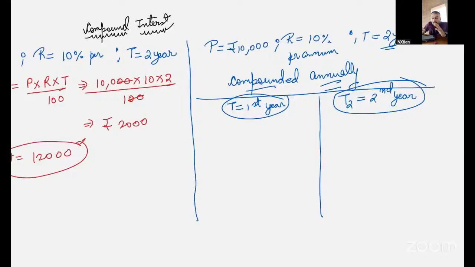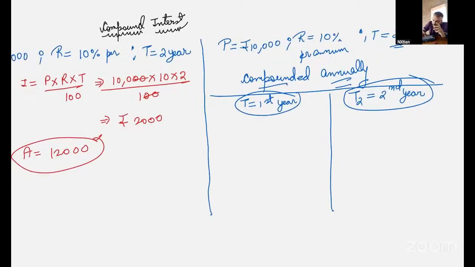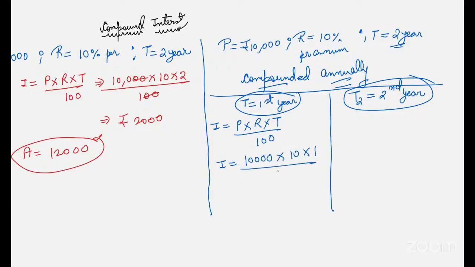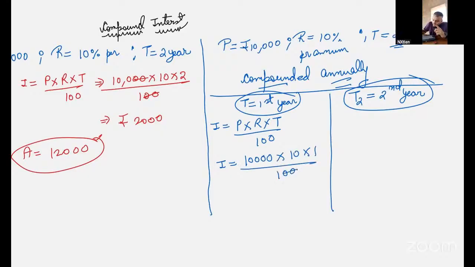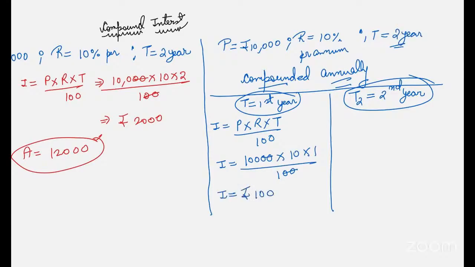Now, first we'll calculate the interest of the first year, which is P into R into T upon 100. So it will be 10,000 into the rate, which is 10, into 1. If I solve this, I will get interest of 1,000 rupees.